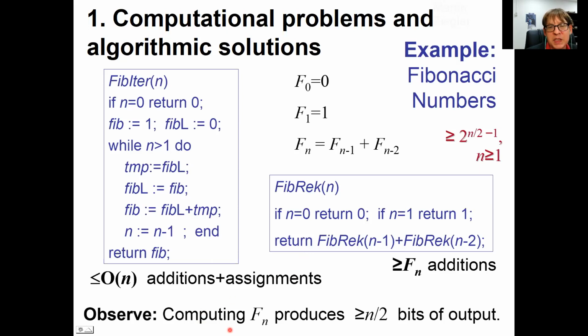That's the observation we just had. Computing the Fibonacci number produces roughly linearly many bits of output. So our second algorithm is not exponential anymore, but we have boiled it down to polynomial, linear or quadratic.